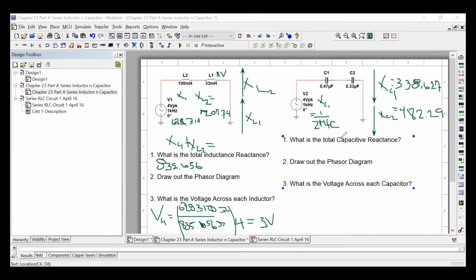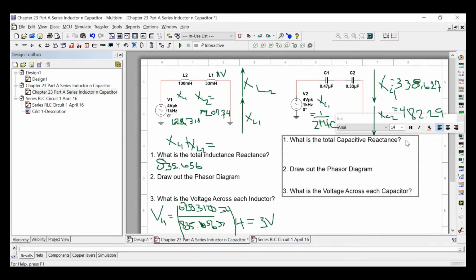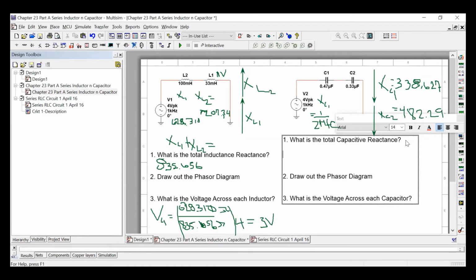All right, so remember that total capacitor reactance in the circuit, this is series, so we have X of C1 times X of C2, over X of C1, X of C2. Correct me if I'm wrong on my equations.